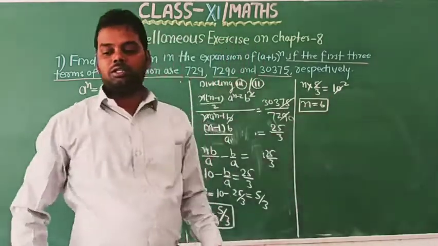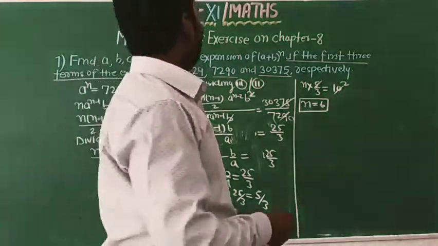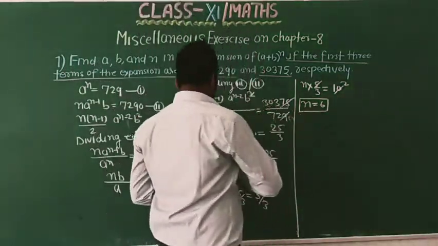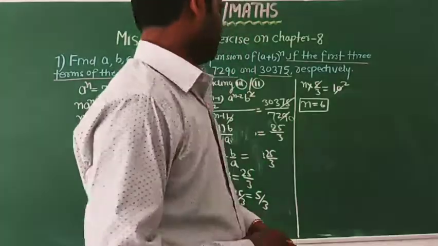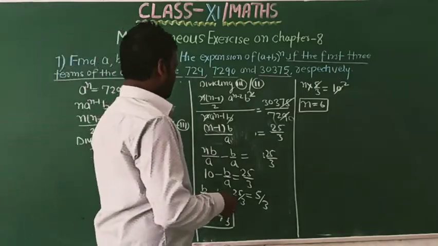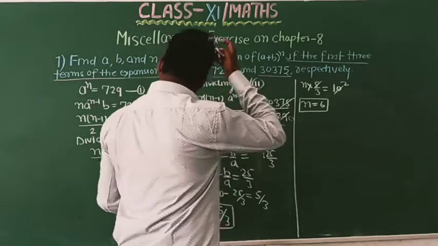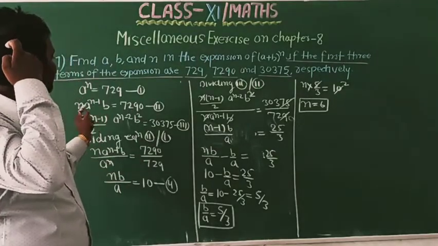n equal to 6. The value of n we have found over here, n equal to 6, and we also need to find the values of a and b. Now find the value of a.